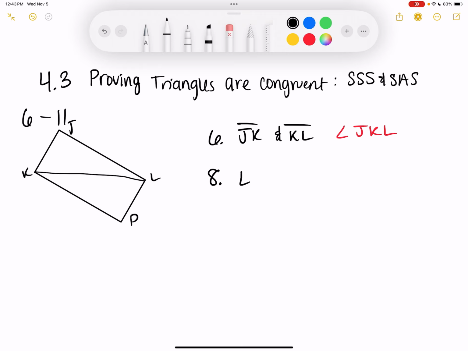Number 8, LP and LK. All right, so I've got LP right here, LK right here. So what angle is between these two things? LPK. Nope.